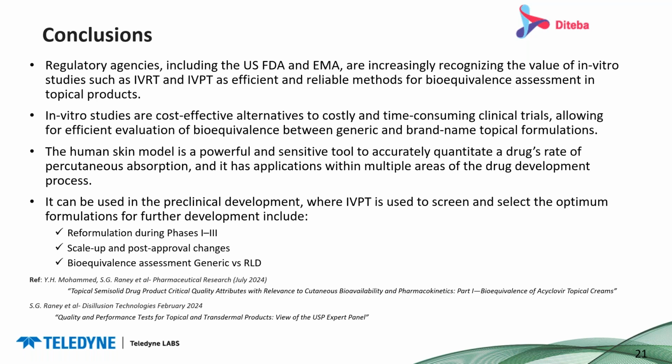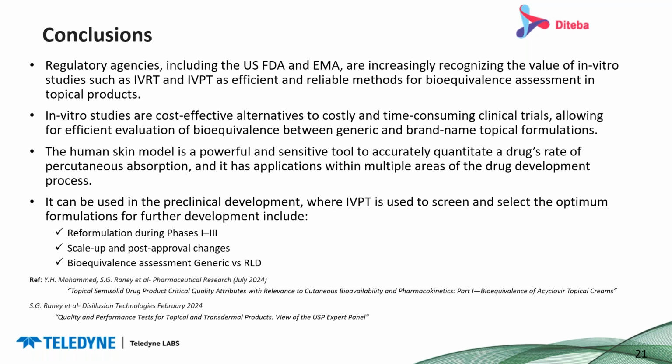bioequivalence study results. Key considerations are skin structure and composition. The selected model should closely mimic human skin barrier properties, composition, and permeability characteristics. This is critical to ensure that the model maintains functional barrier integrity similar to that of human skin.